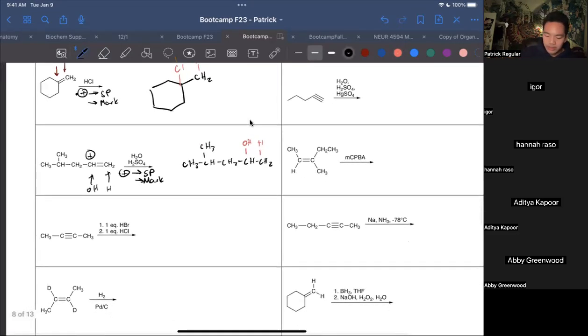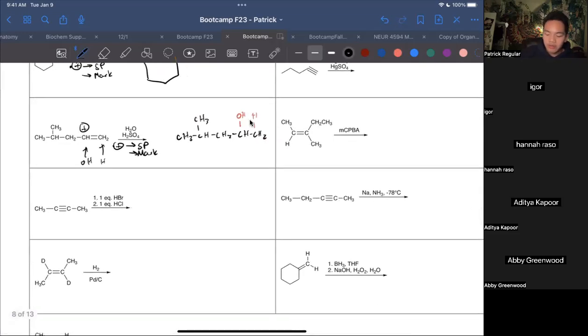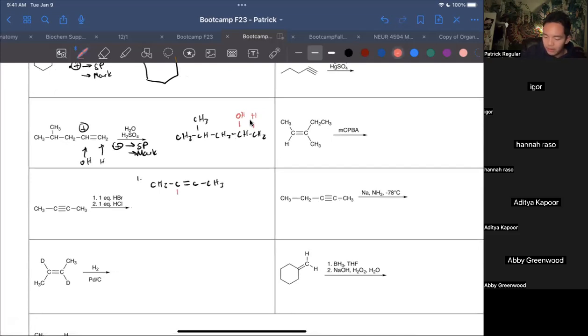All right, let's go down. 1 equivalent of HBr, 1 equivalent of HCl. For your first product, you would get CH3, C, CH3, Br, H. Can we use the loop for these in theory? You could.